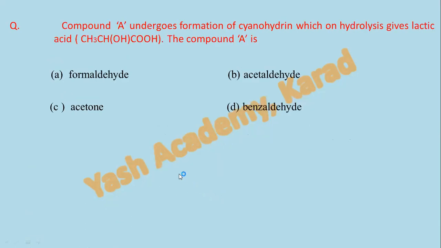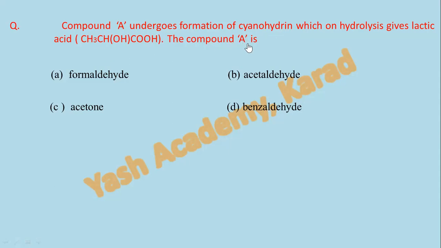Okay. Now next, compound A undergoes formation of cyanohydrin, which on hydrolysis gives lactic acid. Here the formula is given, CH3CHOHCOOH. The compound A is, what is the structure? The compound A undergoes formation of cyanohydrin, which on hydrolysis gives lactic acid.